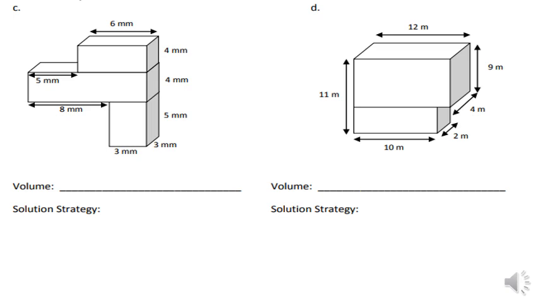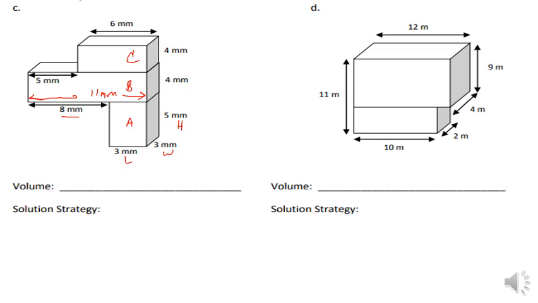Okay, now we're going to go to our next one. The first thing I'm looking for is my dimensions. I'm going to call this one A, B, and C. For A, I can see that's my length, my width, and my height. On B, I have 8 centimeters here plus 3 centimeters, so I know the length for this whole prism from here to here is going to be 11 millimeters.